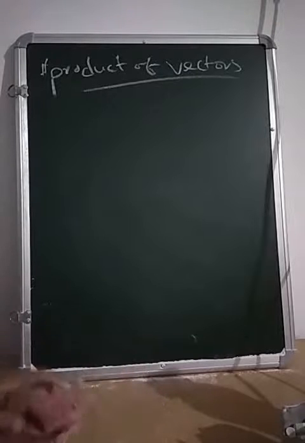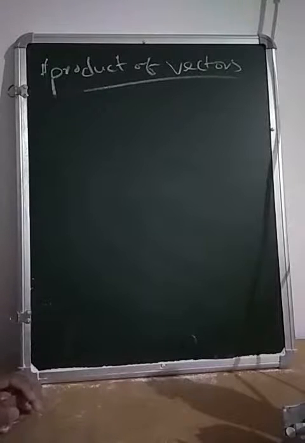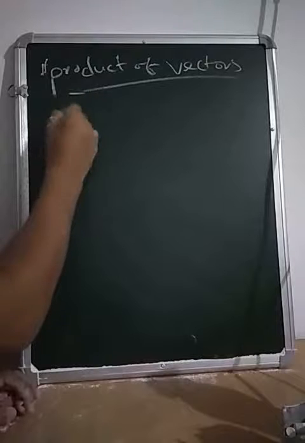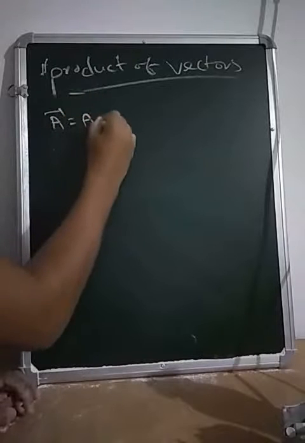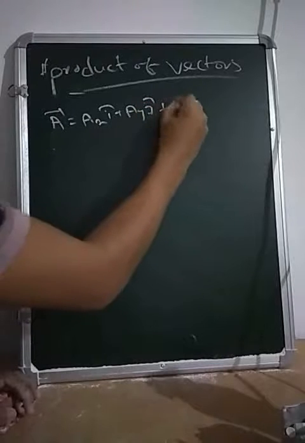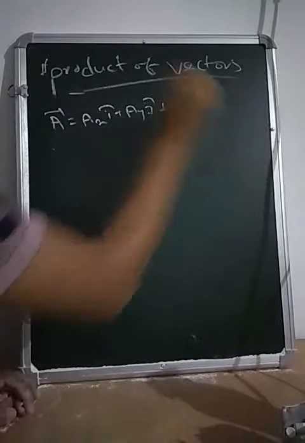Now there is an example. Okay. Suppose we want to know how we calculate the magnitude of a vector. Suppose there is a vector A equal to ax I cap plus ay j cap plus az k cap.